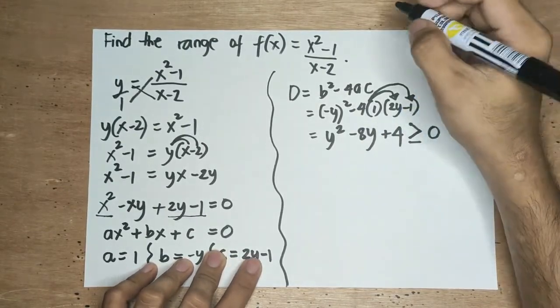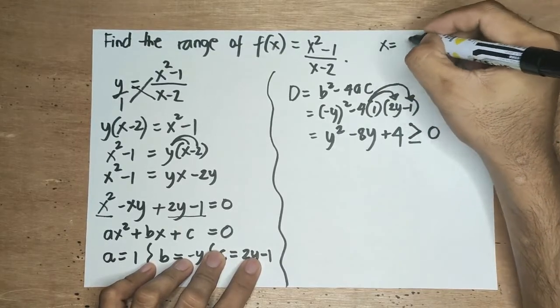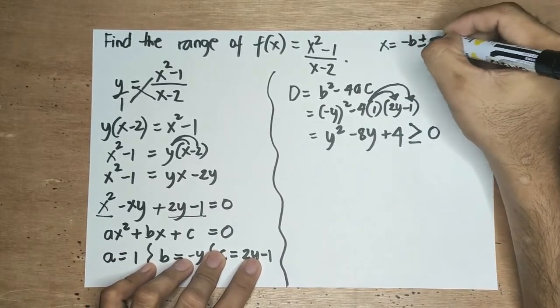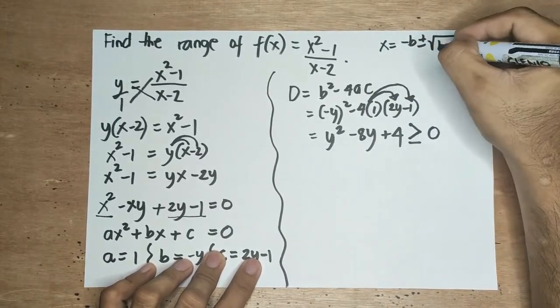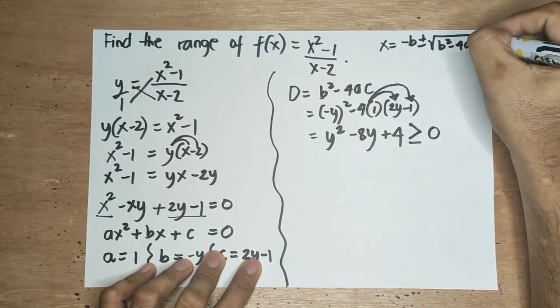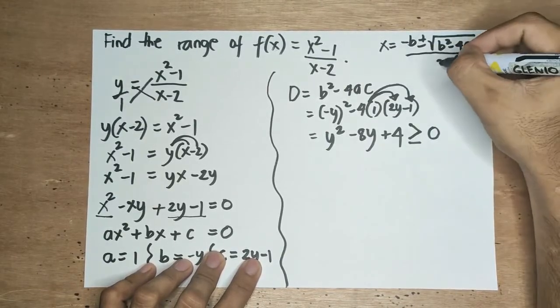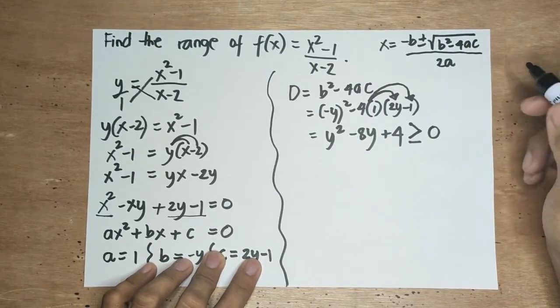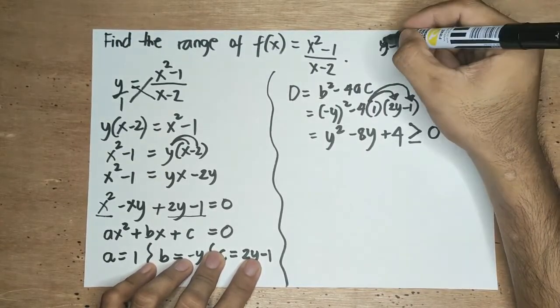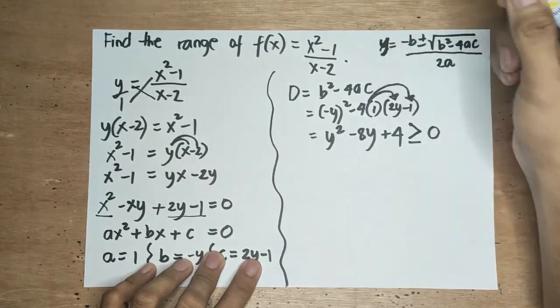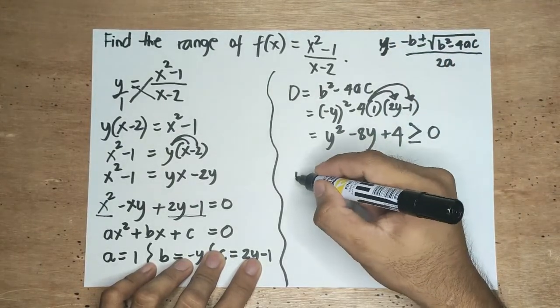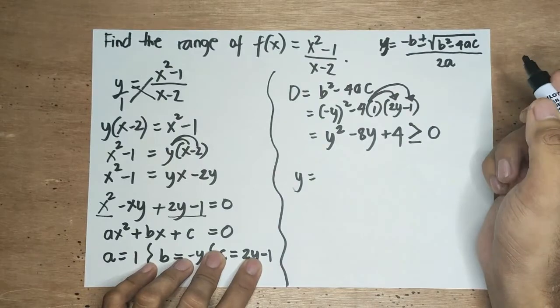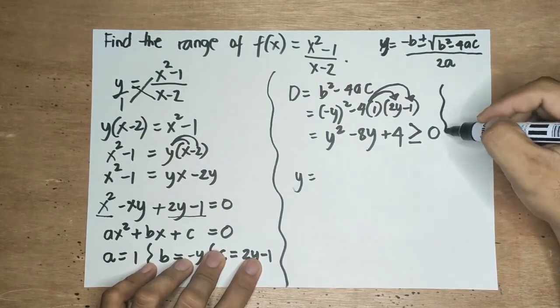quadratic formula. What's the quadratic formula again? We have x is equal to negative b plus minus square root of b squared minus 4ac all over 2a. So, solving for the value, this should be y, since we are looking for the range. So, this will be y is equal to, what is the value of a here?